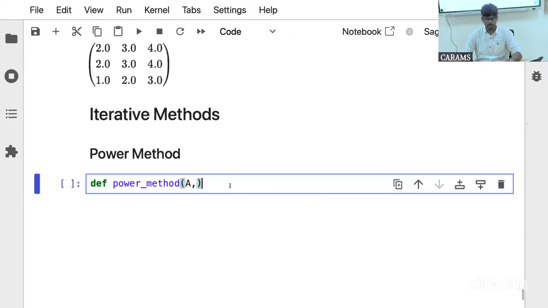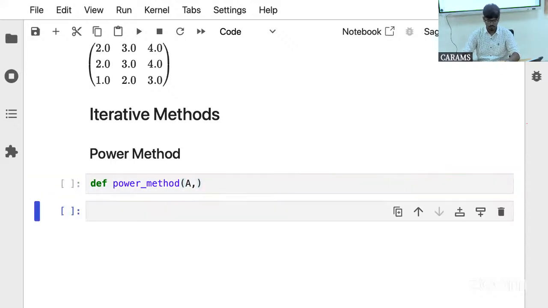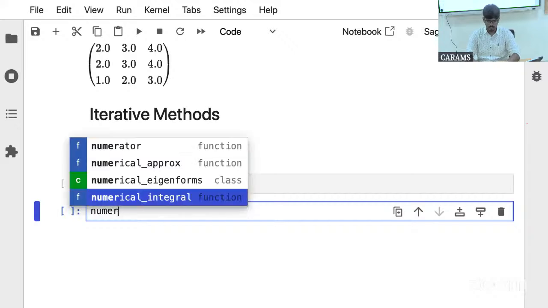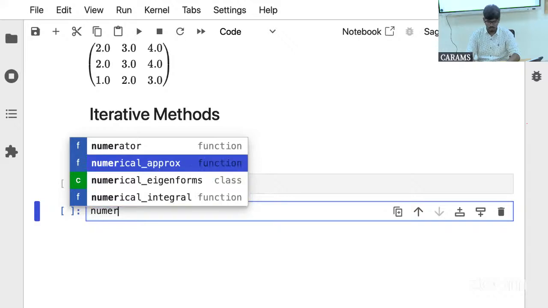What's the function? Vinay, do you remember? I believe there is a function called numerical approximation. Yes.